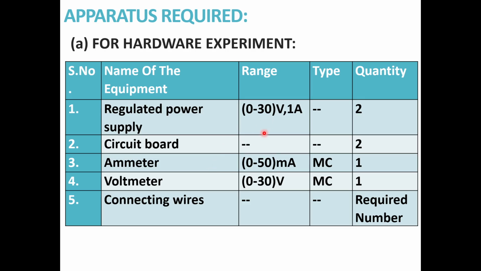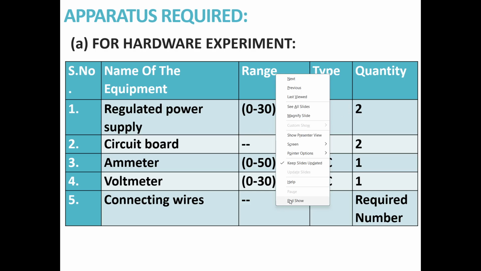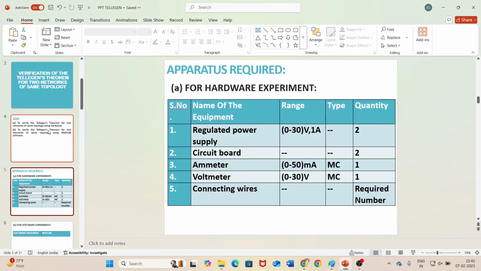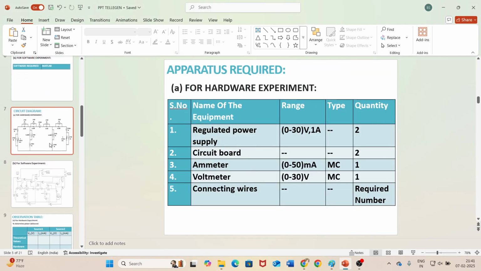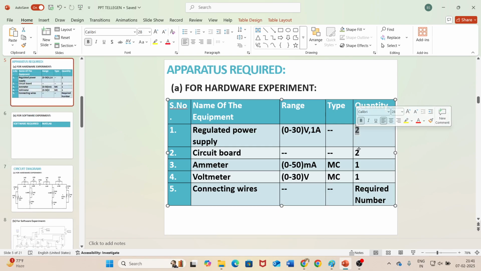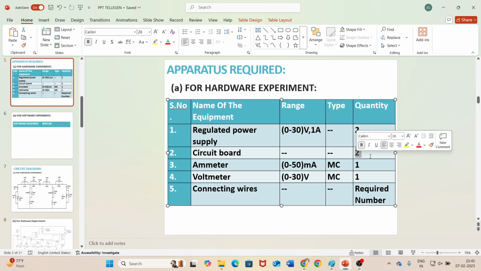Actually, regulated power supplies you require two, and circuit boards you require two of the same circuit, two networks of same topology. And ammeters you require 0 to 50 milliamperes MC type.